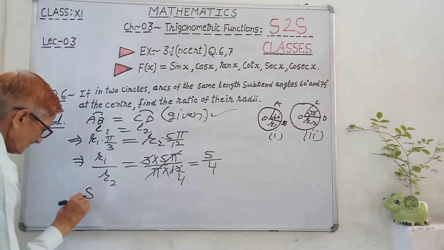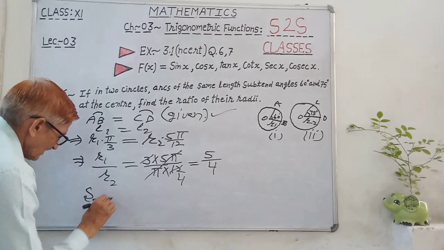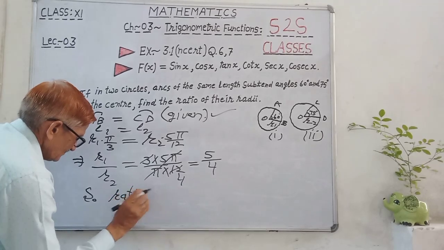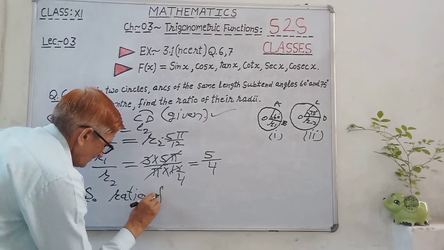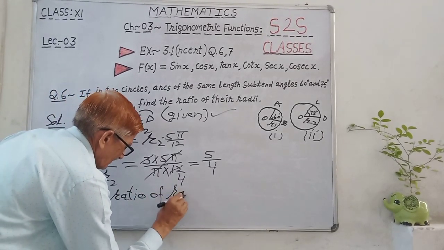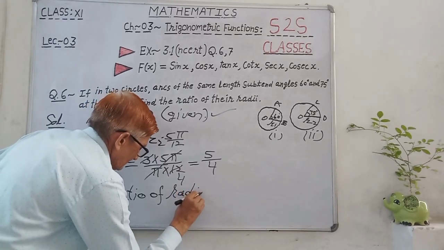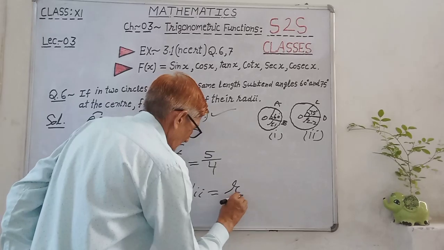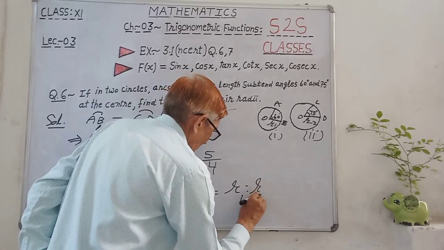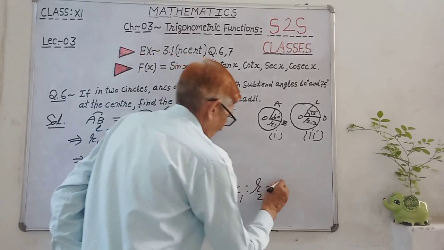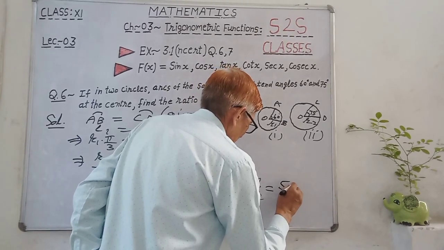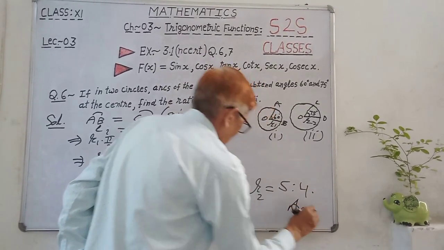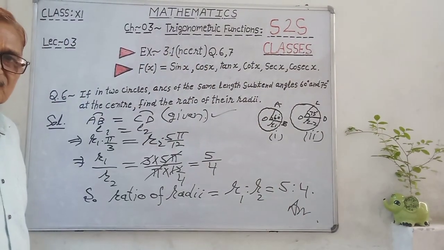So the ratio of the radii will be equal to R1 ratio R2 is equal to 5 ratio 4. Answer.